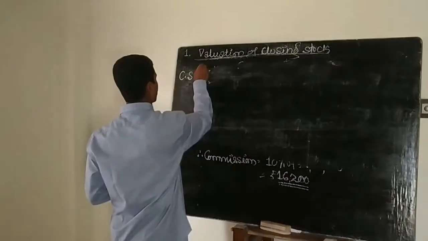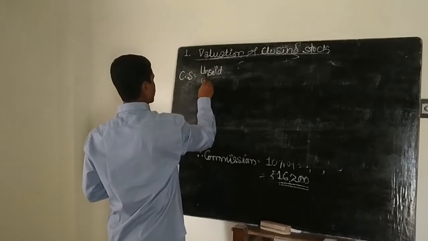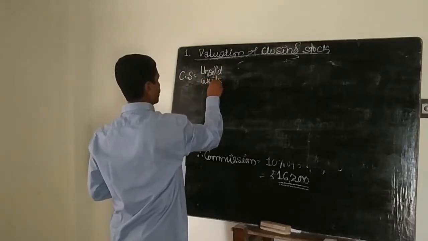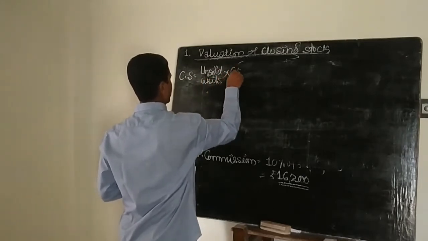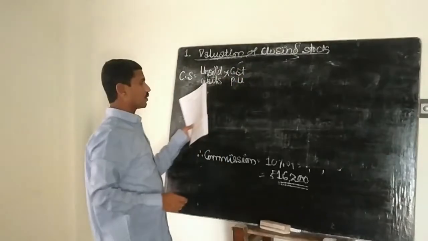So the formula here will be unsold units into cost per unit. Alright, in short, this is cost per unit.